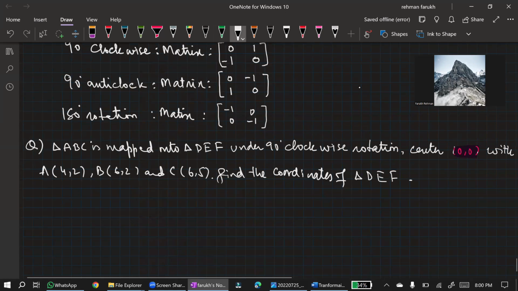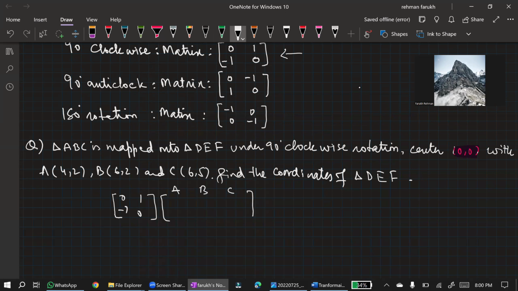Now we will pre-multiply the matrix. We will write down the matrix first. For 90-degree clockwise, the matrix is this: 0, 1, -1, 0. Now we will write down the coordinates of A, B, and C: A is 4, 2, B is 6, 2, and C is 6, 5.